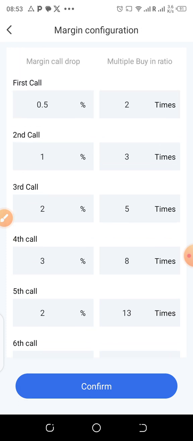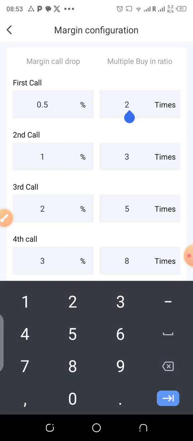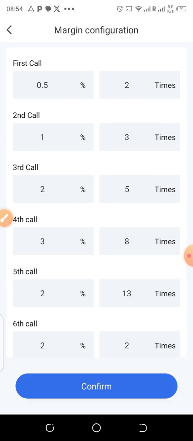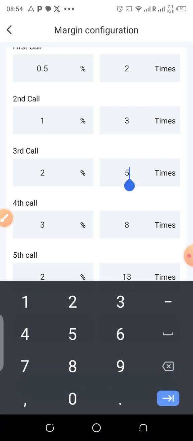If you don't use the Fibonacci, you can use the plus 1. Here you are going to put 2. 2 plus 1, you get 3. Plus 1, you get 4. You keep on adding a 1.